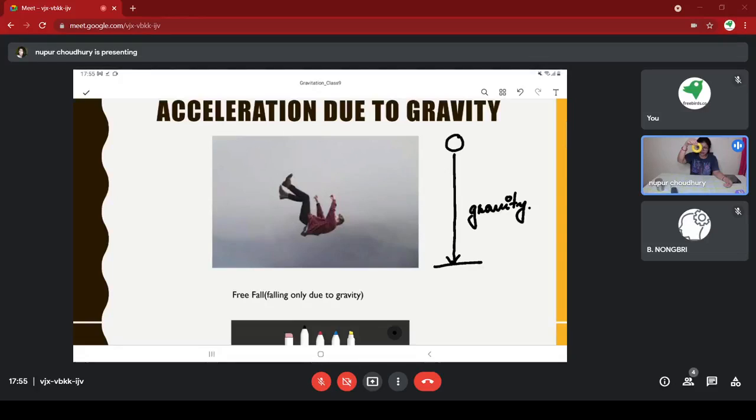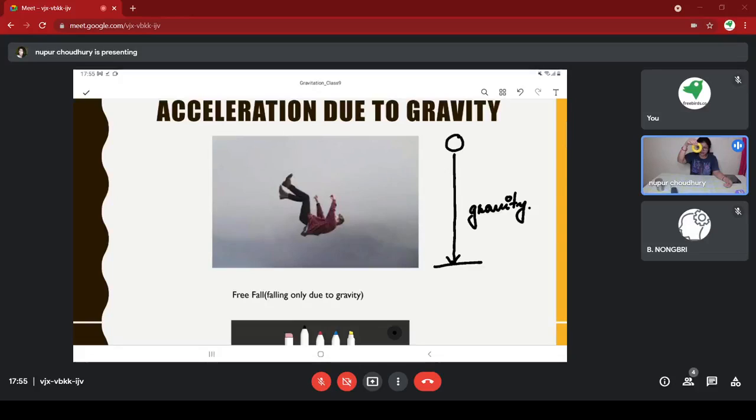Now, if we look at the universal law of gravitation, you will see that it is represented as F = GMm/r², where M is the mass of one object, m is the mass of another object, G is the universal gravitational constant, and r is the distance between these two objects.